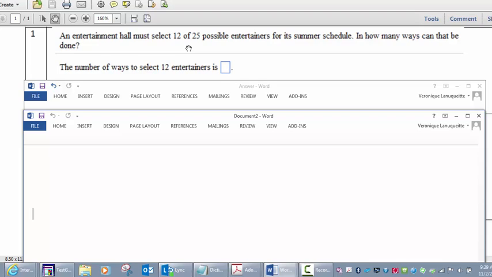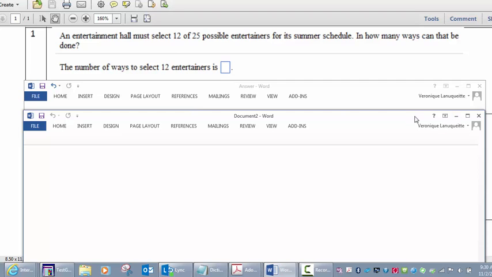So the order in which they are chosen, if I say Joe, Mary, Bob to start the list, or Bob, Mary, Joe, it doesn't really matter. So order does not matter. In addition to that, we have an n value. The number of available entertainers is 25, and an r value, the number of chosen entertainers, is 12. So we're definitely going to use combinations on this problem.